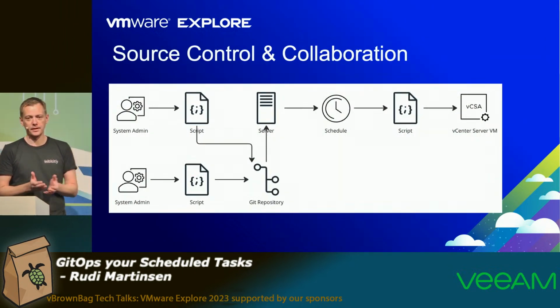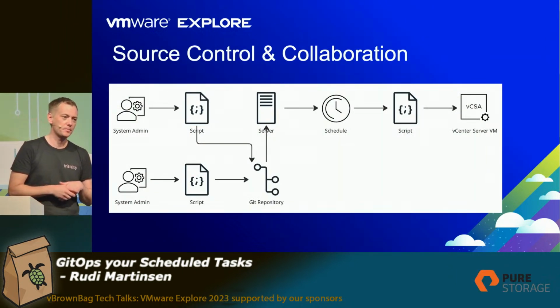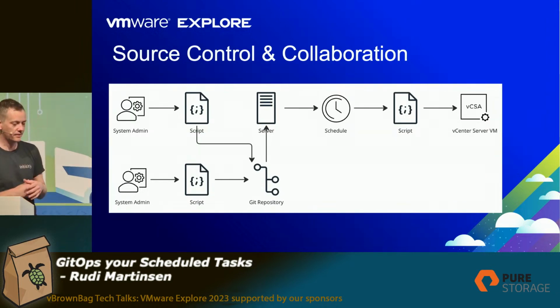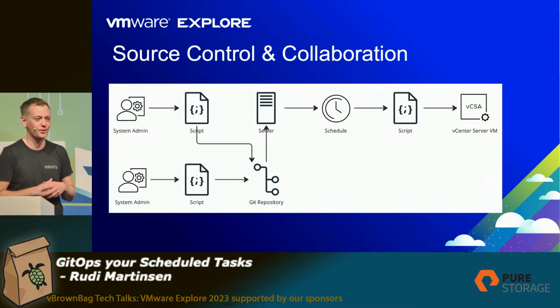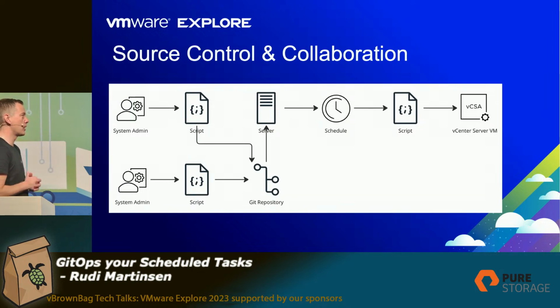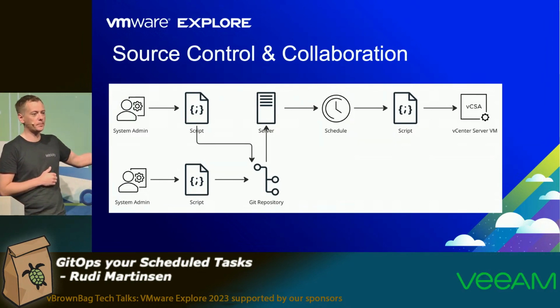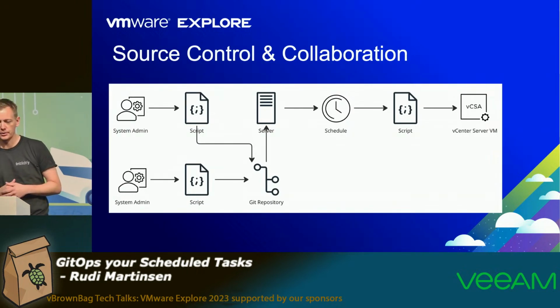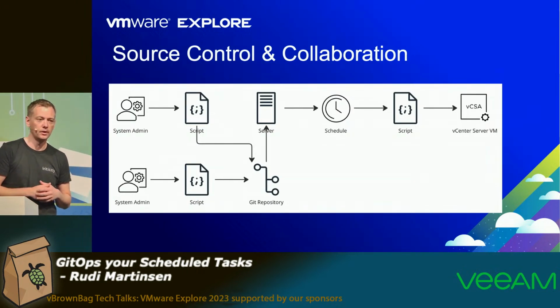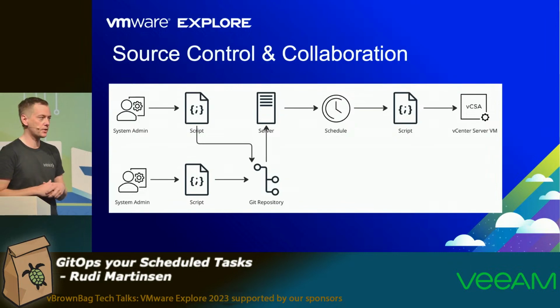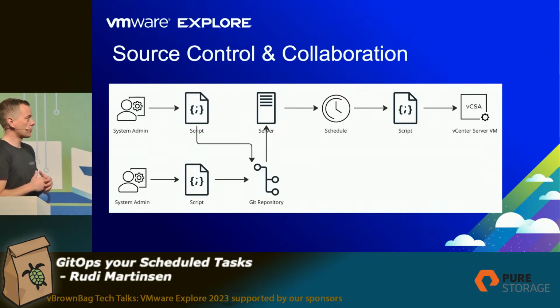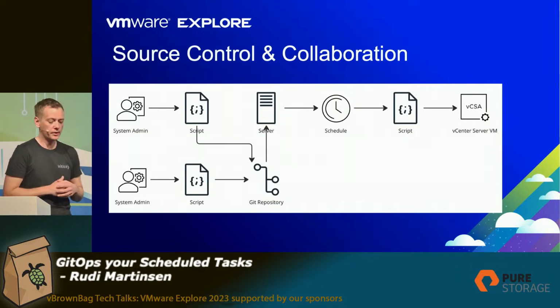And if there's something I wanted you to take with you from this presentation, it is, please use Git for your source code. But now we have a solution where multiple admins can write scripts, work on the same script, push it to a Git repository, and you've got version control, and you can handle the merge conflicts. But you're still very dependent on that one server.